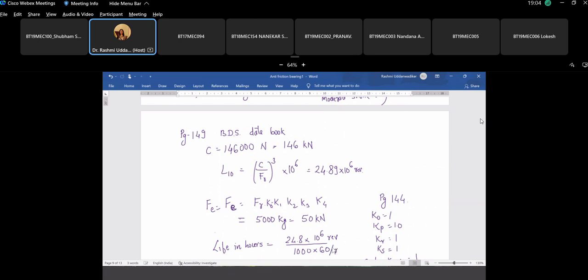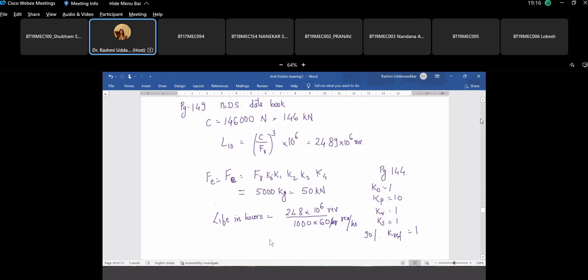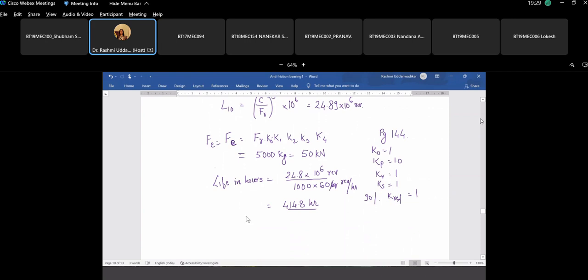So this is revolutions per hour, and so life in hours is 414.8 hours. So after continuously running for 414 hours, this bearing would fail. So this is its L10 life in hours.